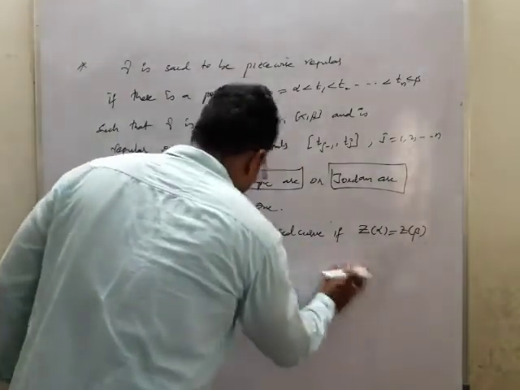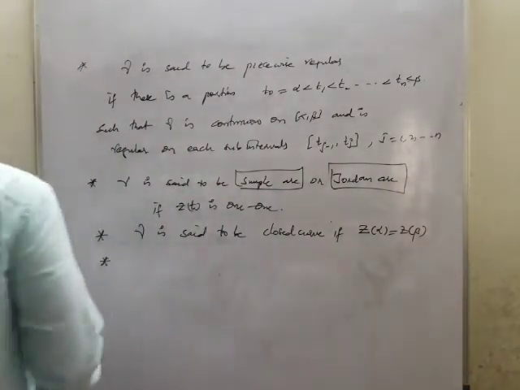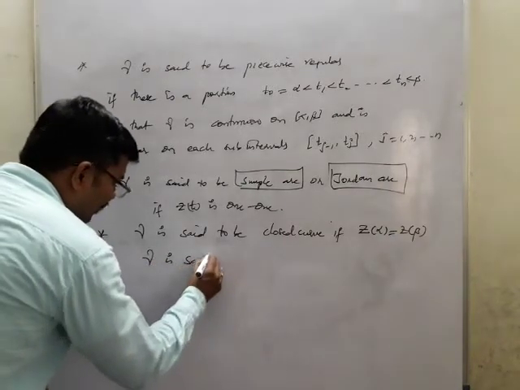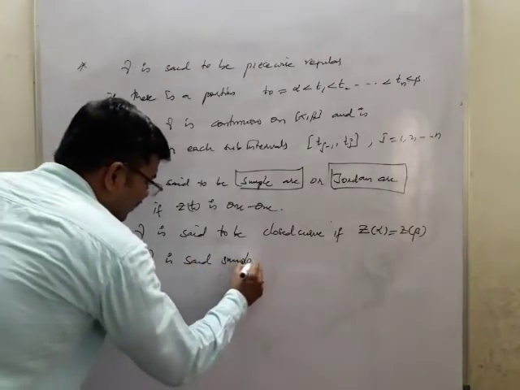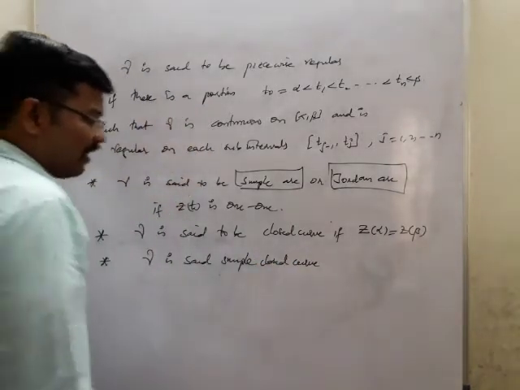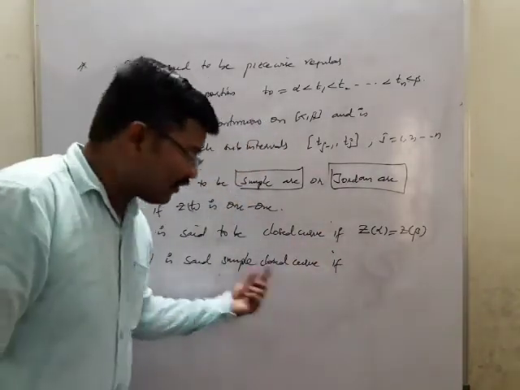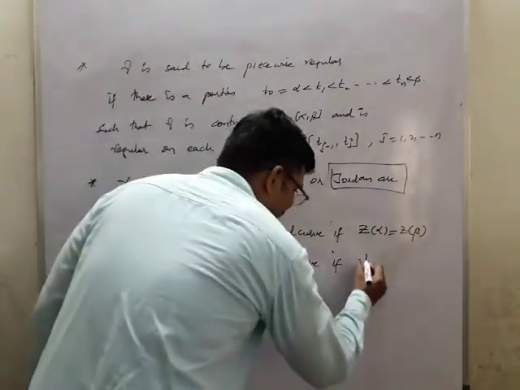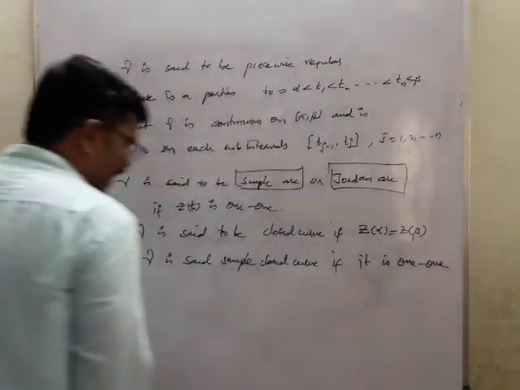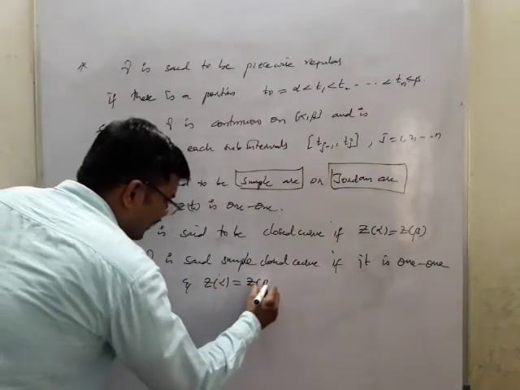Next we can remember one more important point: gamma is said to be a simple closed curve if it is 1-1 and z of alpha is equal to z of beta.